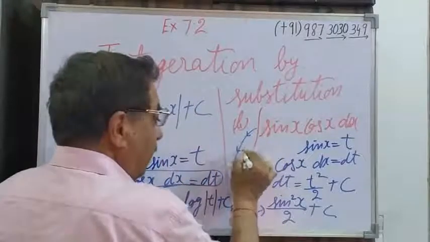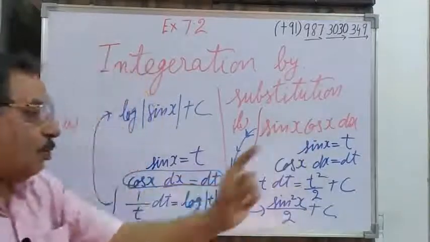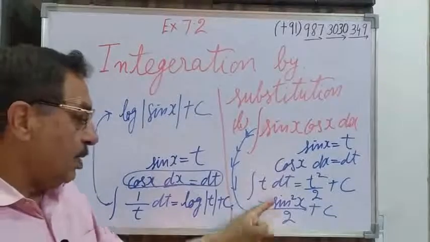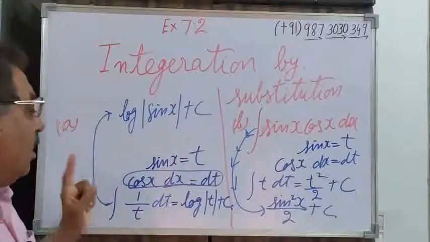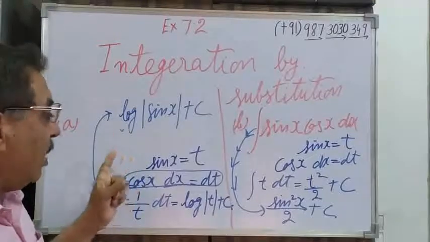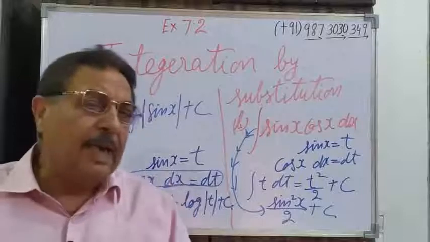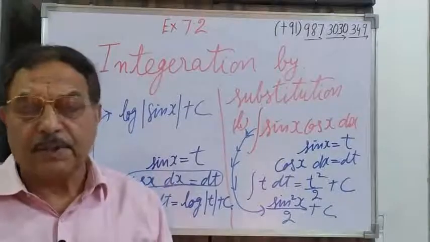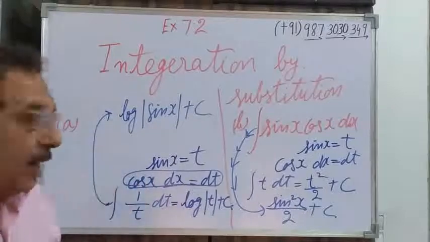What we observe is that the integration of the product sin x into cos x dx is equal to sin square x by 2 plus c. The question was the integration of cos x upon sin x, and in 11th you studied that cos x upon sin x is cot x.